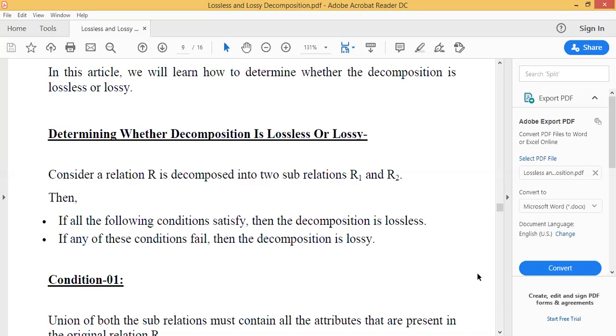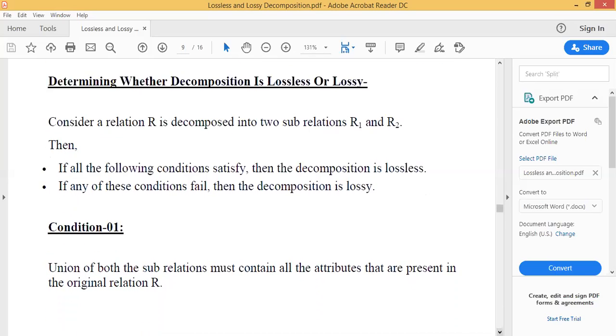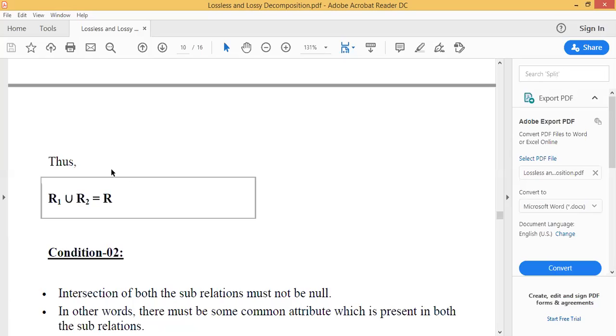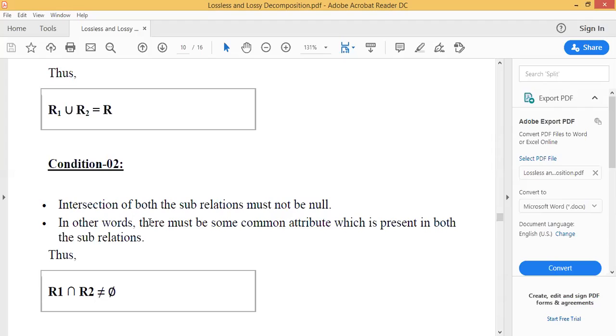Condition 1: the union of both subrelations must contain all the attributes that are present in the original relation R. Thus R1 union R2 equals R. Condition 2: the intersection of both subrelations must not be null. In other words, there must be some common attribute which is present in both the subrelations.